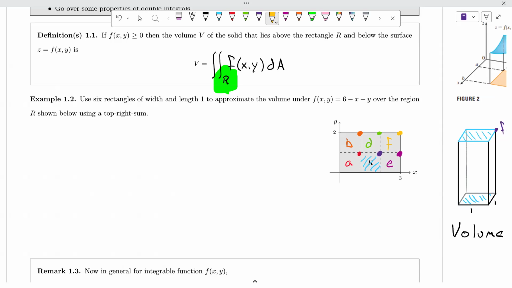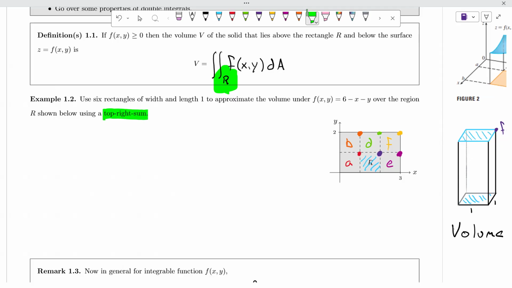And again, my problem is asking me to use a top right sum. So, back in Calc 1, when we were doing these Riemann sums, we'd have right-hand sums and left-hand sums. Well, now that our base region is a rectangle, right and left isn't quite enough anymore.